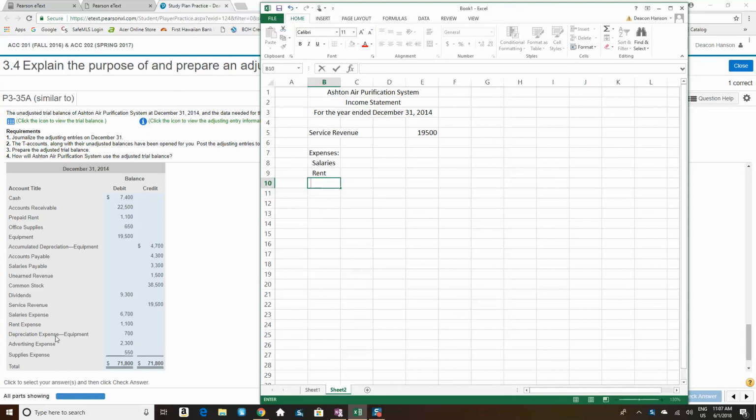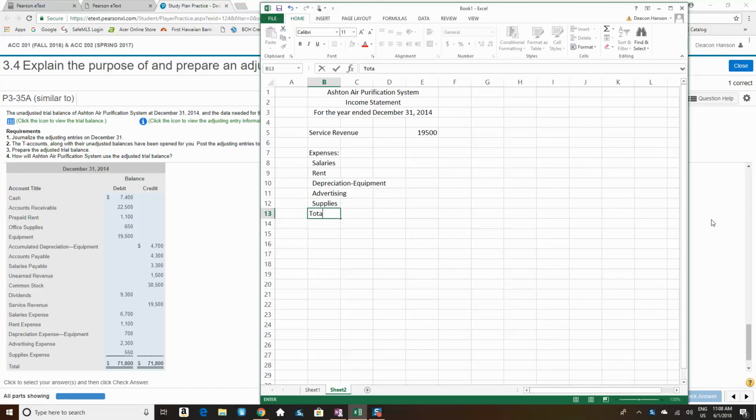Let's see, we got depreciation, equipment, advertising expense, and since I'm heading it up with expenses here, I don't need to say expense on every one of these, okay? And then I finally have supplies.